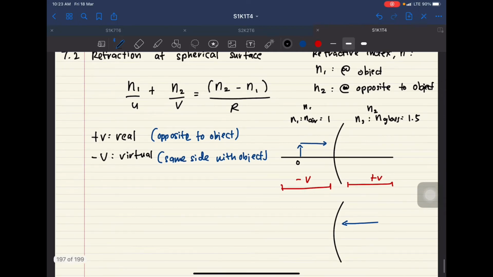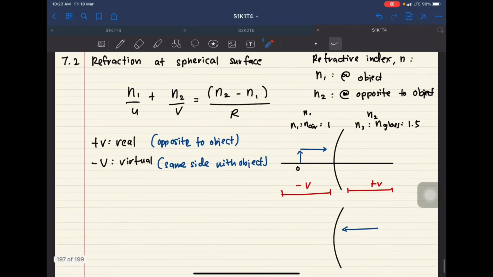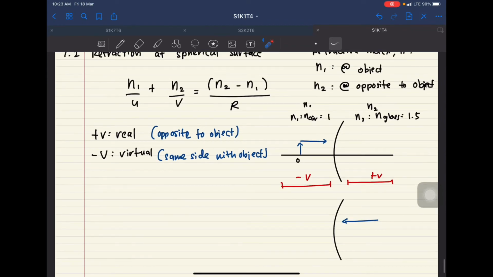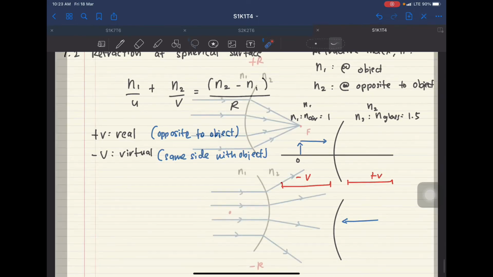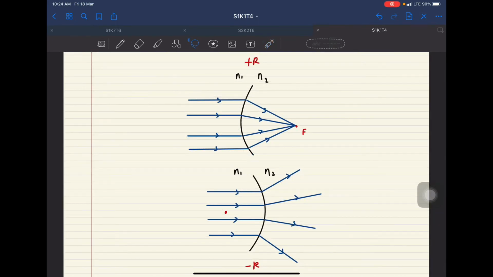Okay, back to this case, you can see that the ray comes from here. So as it goes towards the surface here, okay, you can see this one like a convex surface. I don't have a diagram. Okay, from here you can see, okay, this one the lens, sorry, the surface, refraction at the surface.